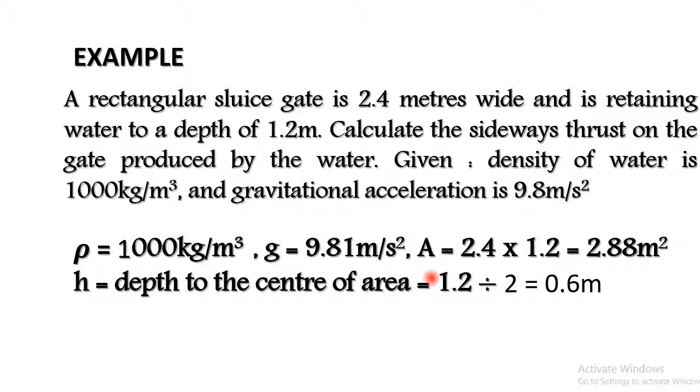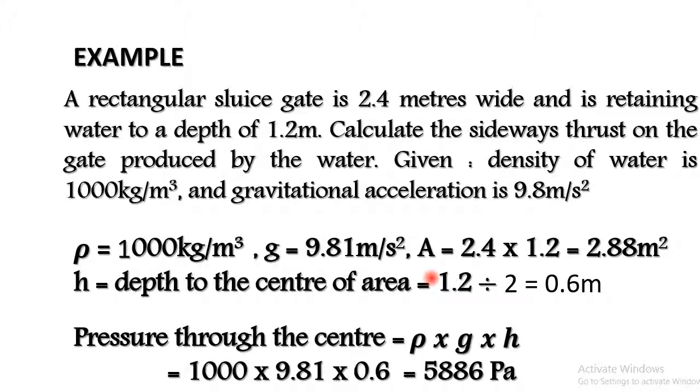Now the pressure at the center is going to be density times acceleration due to gravity times the height. We cannot use the formula force over area because we don't know the force. So we use the formula that we've just derived, which is density times acceleration due to gravity times height of the fluid.